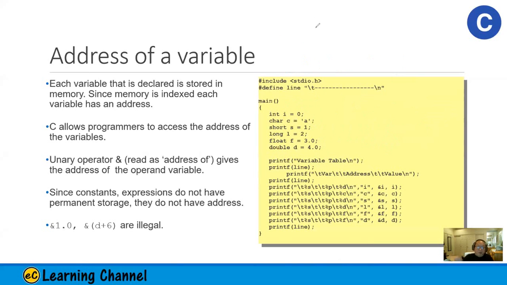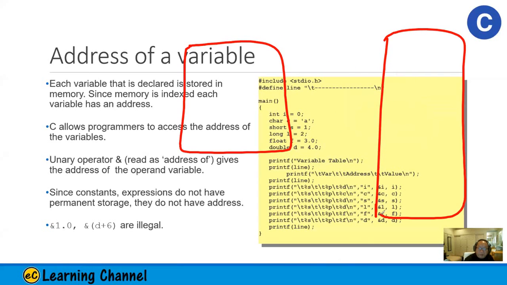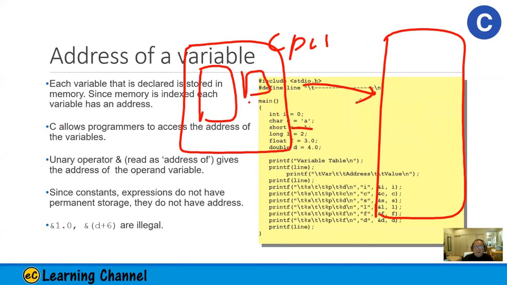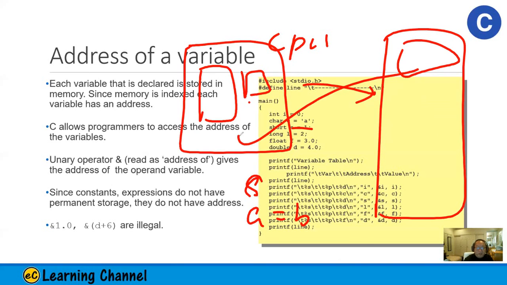Assignments of constants are actually register-based operations. So you have a CPU, you have a main memory. Some computation like A equals 1 can be done purely on your CPU. You don't need to go out to main memory. But if you have A equals B, there's a variable you need to fetch and put into the CPU.